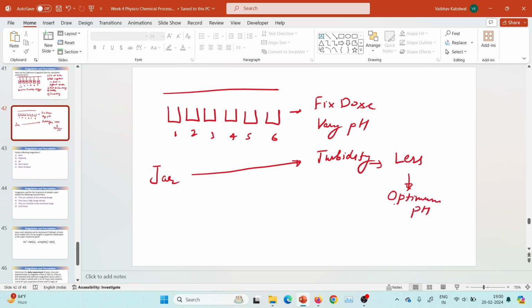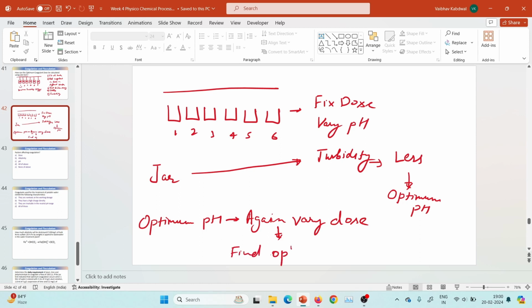And for that optimum pH, we again vary the dose and then find the optimum coagulant dose.